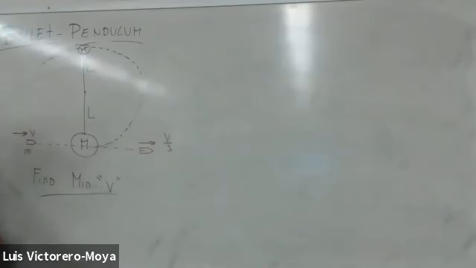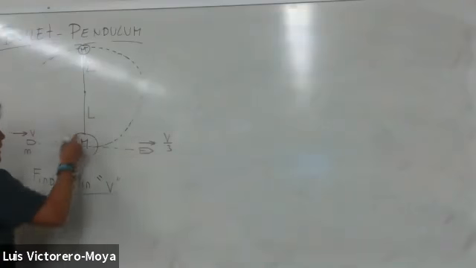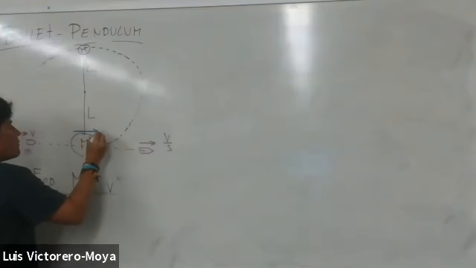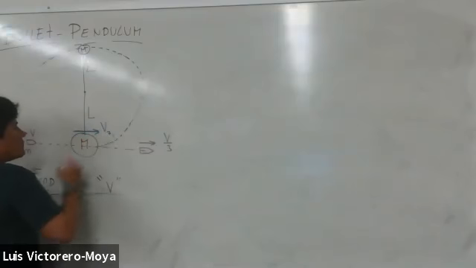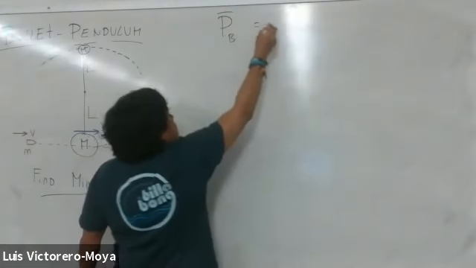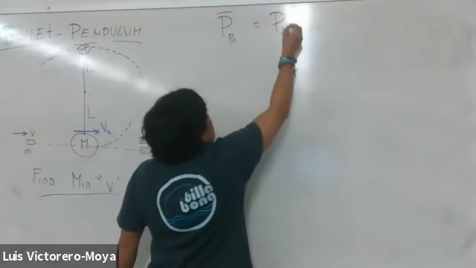Let's first use conservation of momentum. The momentum before is equal to the momentum after the collision. So what happens is that the mass is going to acquire a velocity, V2 initial.